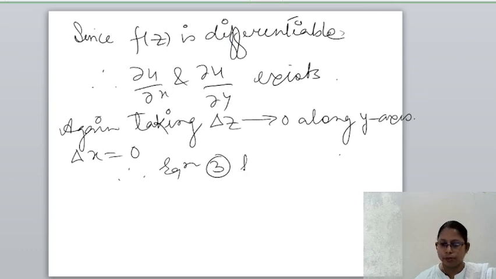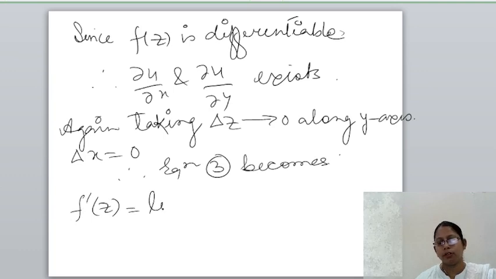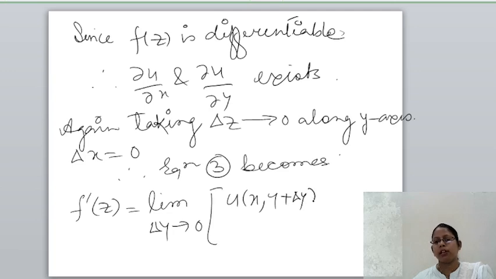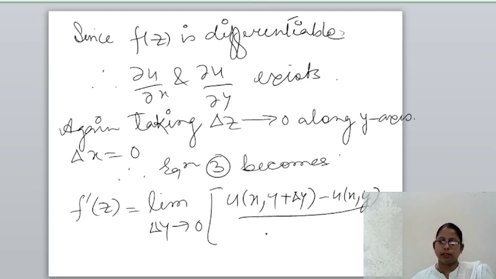Therefore equation 3 becomes f'(z) equal to limit delta y tends to 0, then here u(x, y plus delta y) minus u(x, y) divided by i delta y, put bracket.